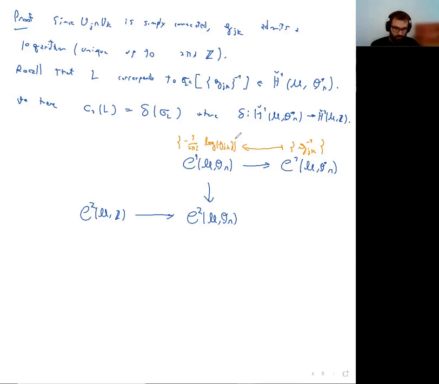Because remember that here we have the exponential map. So this line here is the exponential map. Remember, the exponential is exp of 2 pi i times the function. So if you look for a preimage, that is what you get. And it's minus because, of course, here we have a minus.